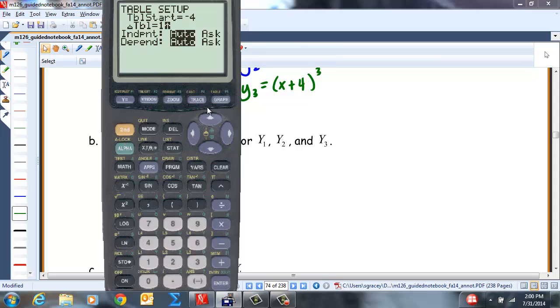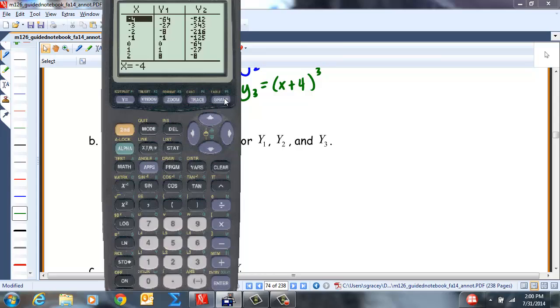So now if we go to second table, there we go. This will give us a little bit better basis for comparison, except you're still not going to see where the 64s line up. So one more time, we're going to make our change in table larger.